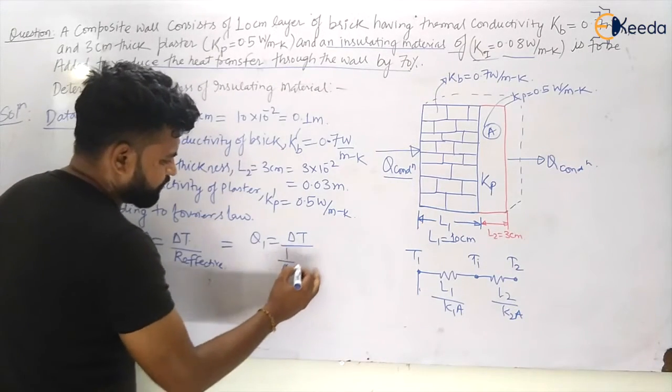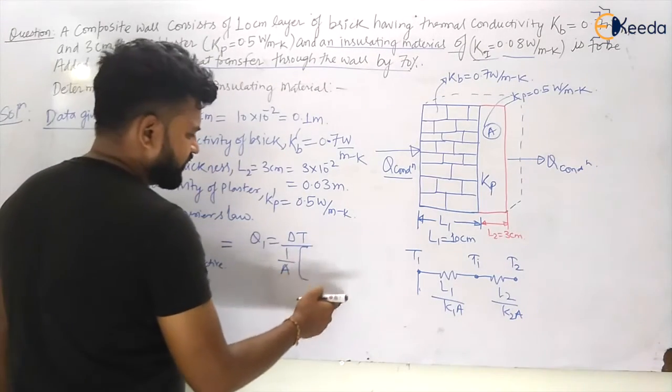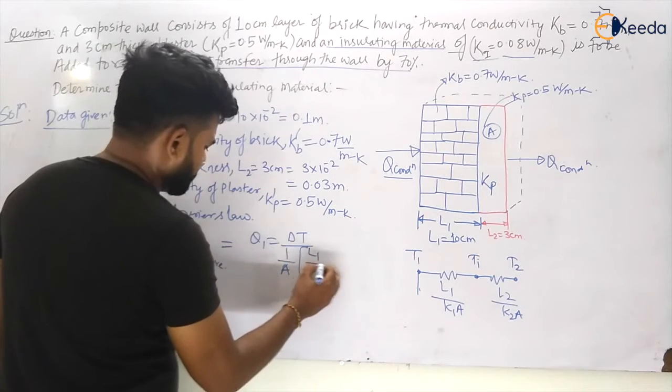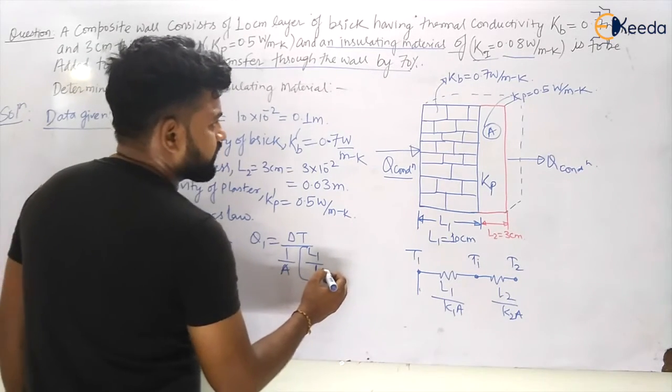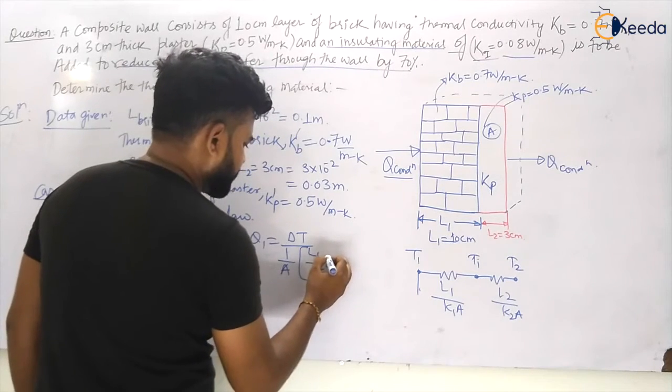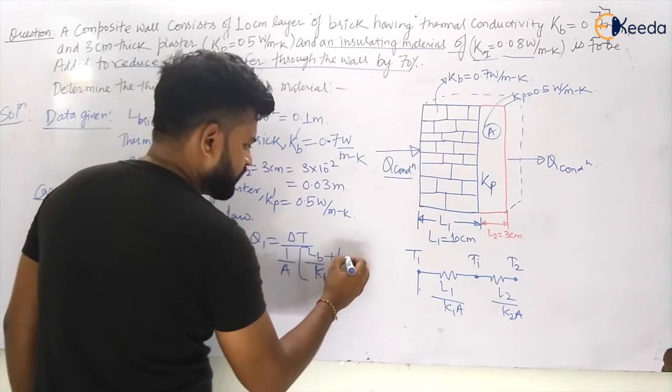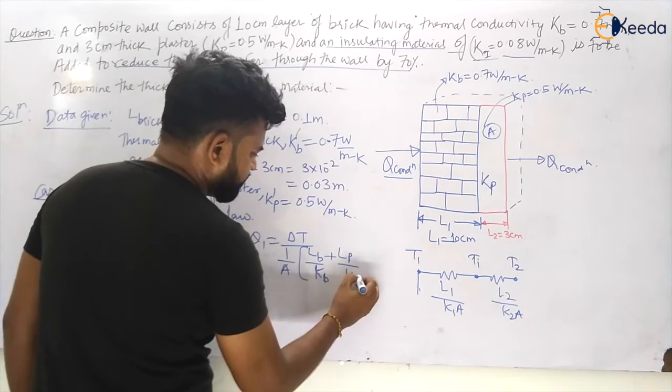So can we take 1 upon A, R effective, to be L1 upon K1? So what is L1 upon K1? Let us write it first. L1 upon K1, which is nothing but LB upon KB plus LP upon KP.